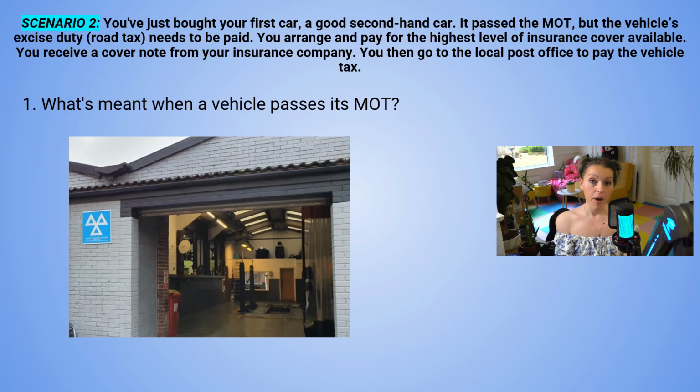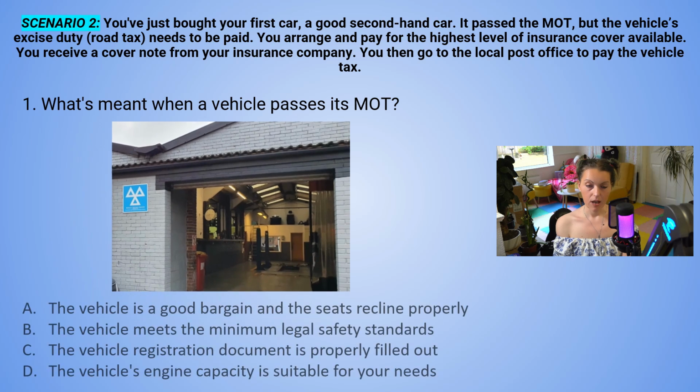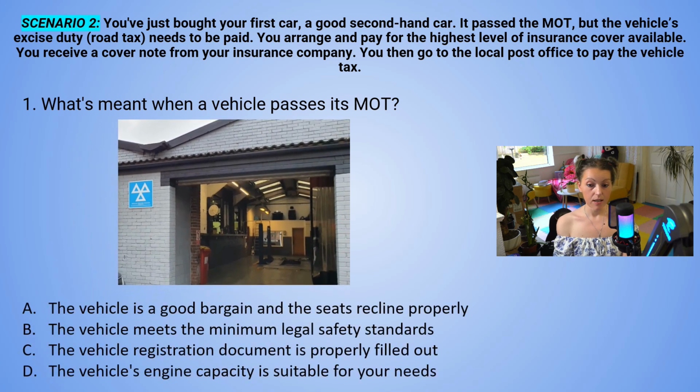So question number 1 is this. What is meant when a vehicle passes its MOT? A. The vehicle is a good bargain and the seats recline properly. B. The vehicle meets the minimum legal safety standards.